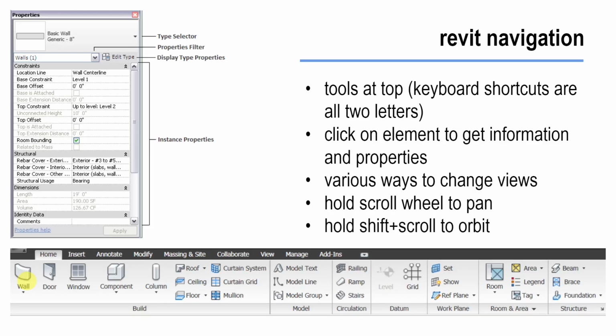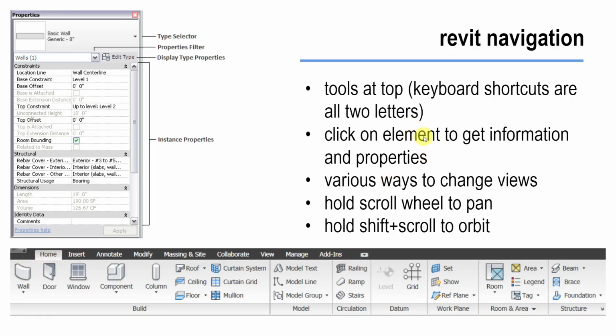So within Revit, each keyboard shortcut is 2 keys. For example, the wall keyboard shortcut is WA, and then it would start the wall tool by default. You can also make your own custom keyboard shortcuts, and that's something we'll explore a little bit in these projects. There's a lot of tools that I use often that I've made my own custom ones for.